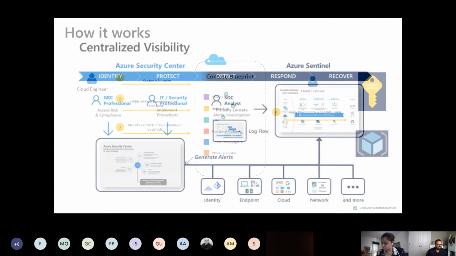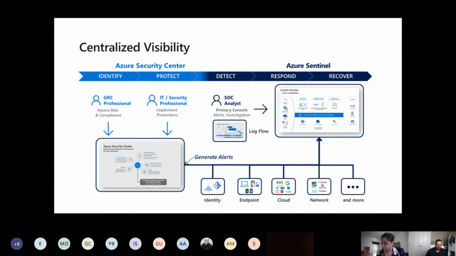Now let's talk a little bit about the security side of governance. There are two different tools that stand out here: Azure Security Center and Sentinel. These are SIEM tools, and SOAR is security orchestration, automation, and response. SIEM is security information and event management, I forgot the name.